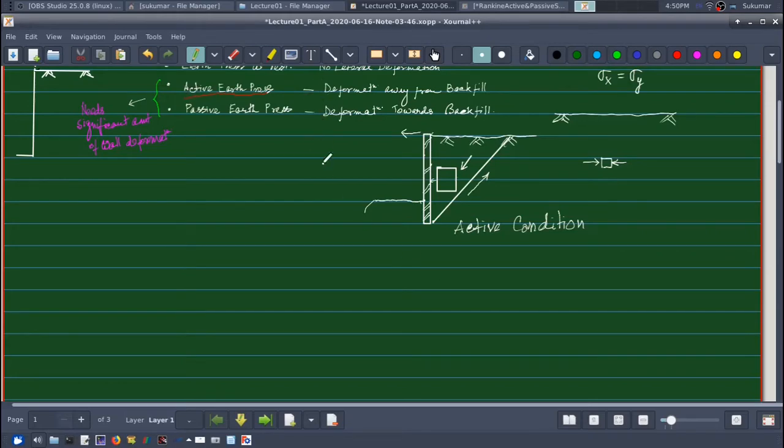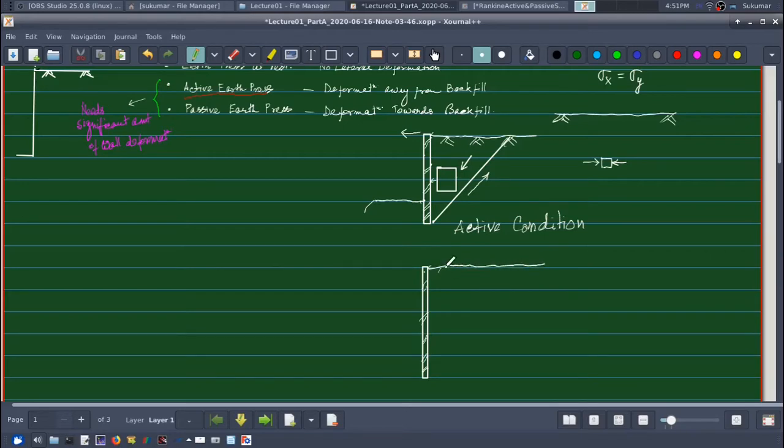In the other case, what happens? Just opposite of this active case can happen. Suppose I have a retaining wall, the same retaining wall, and the backfill is there in this side.